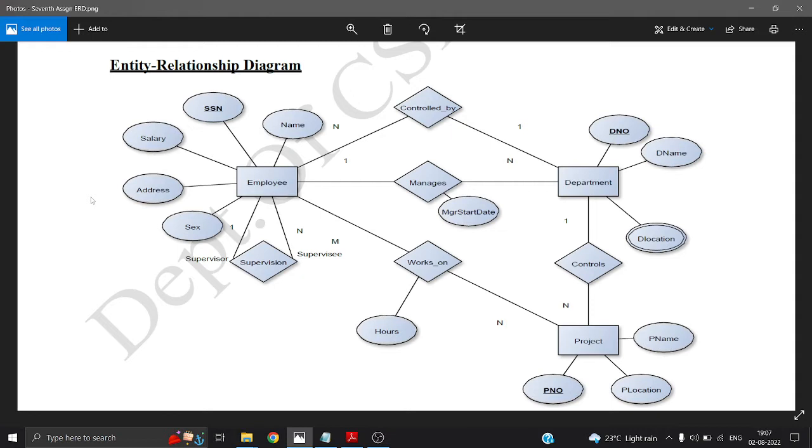In our assignment we have around 5 different tables, and all those 5 tables are represented in the ER diagram in this particular way. Among those tables, 3 are identified as entities here: employee, department, and project.